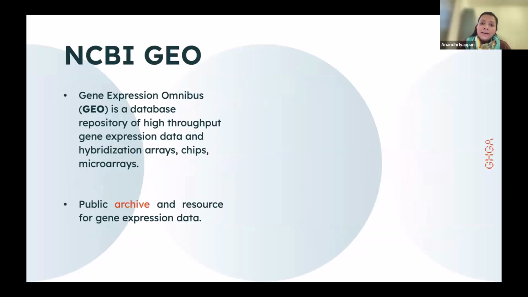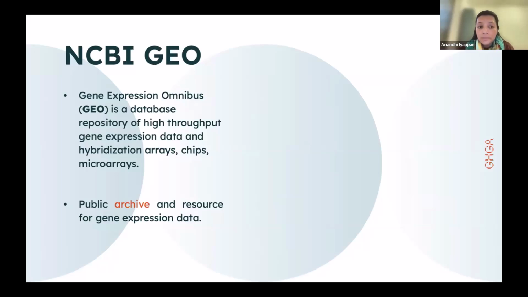Now, having seen the different communities that support FAIRsharing, we will also take a look at various data portals from as early as 2010 to the recent ones. The first database that was used very predominantly by researchers is NCBI GEO.